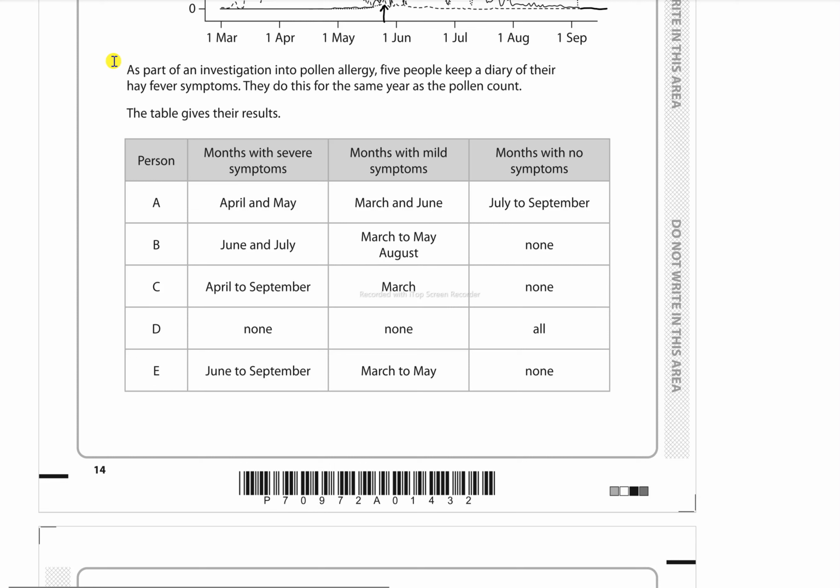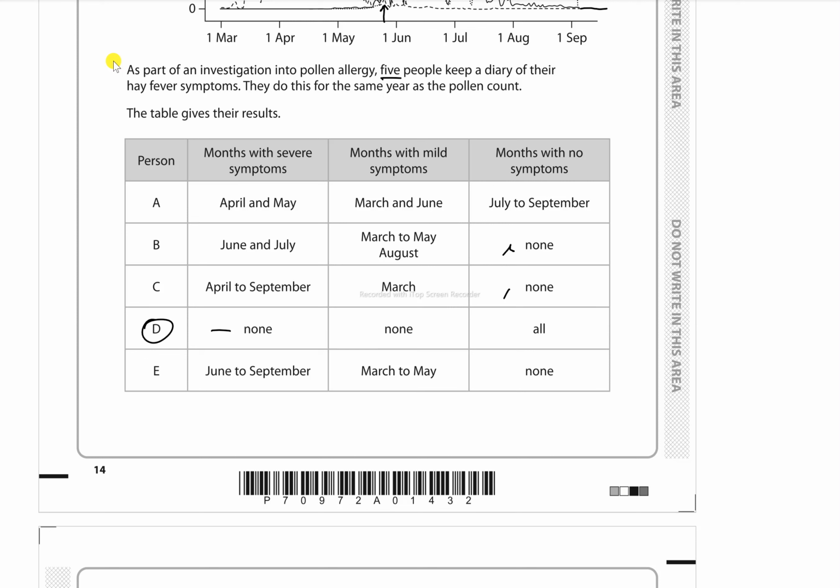As part of an investigation into pollen allergy, 5 people keep a diary of their hay fever symptoms. They do this for the same year as the pollen count. So person A: severe symptoms, mild, no symptoms. So no symptoms in July to September. This person's not got hay fever.